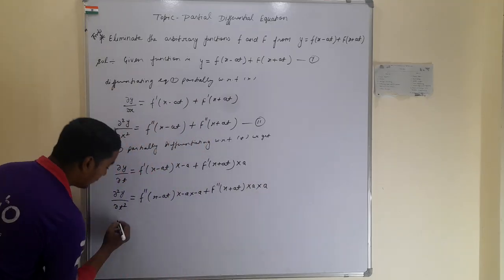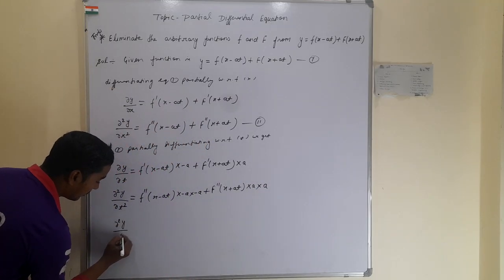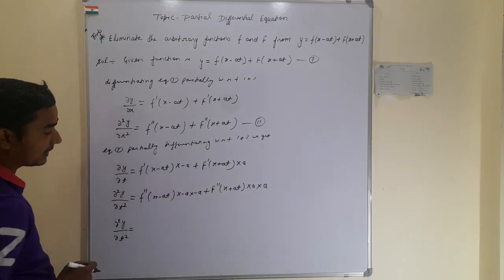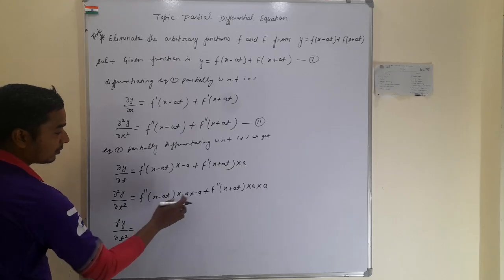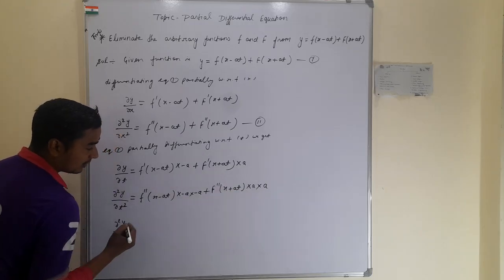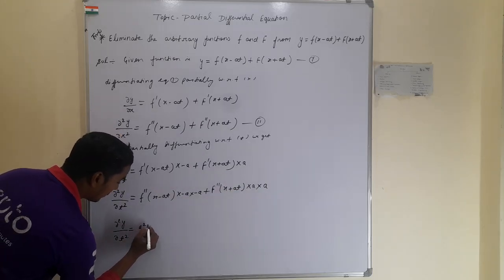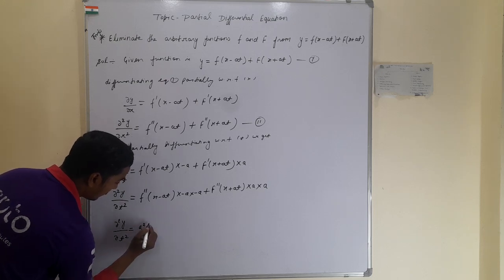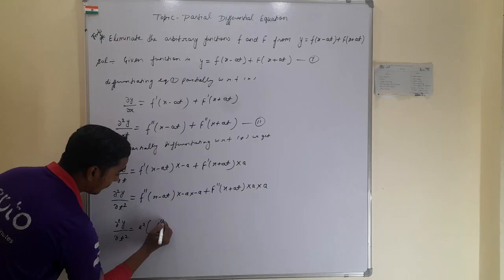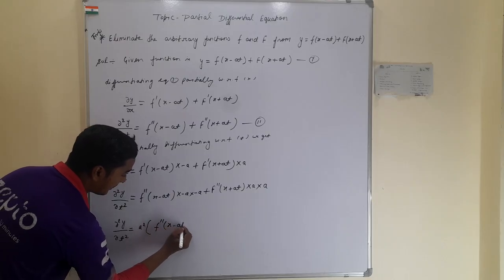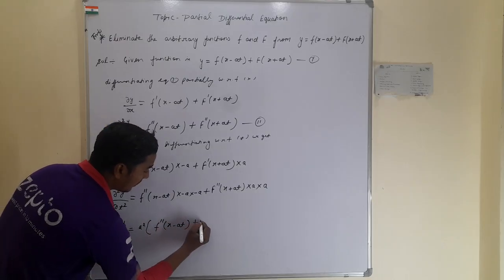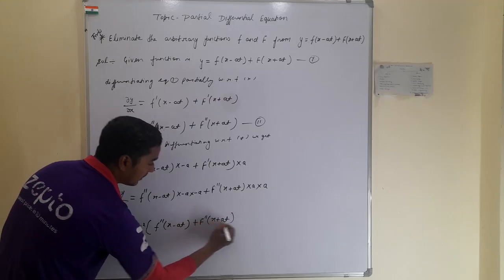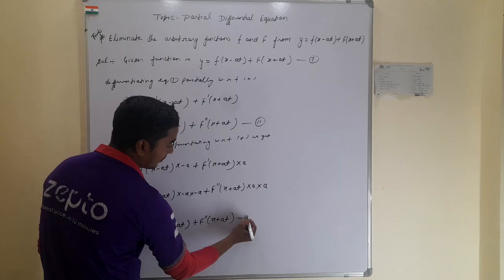So ∂²y/∂t² equals: −a times −a is plus a², and here also a² is present, so taking a² common, this gives a²[f''(x − at) + F''(x + at)]. Let this be equation 3.